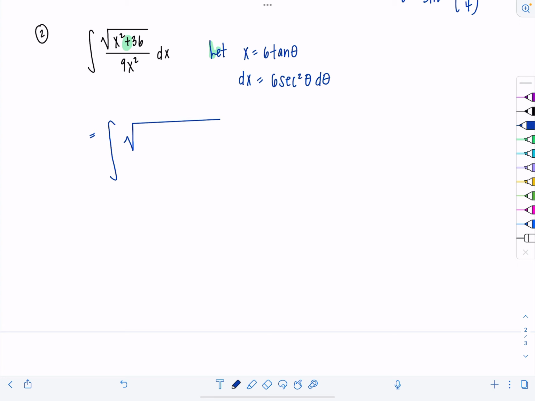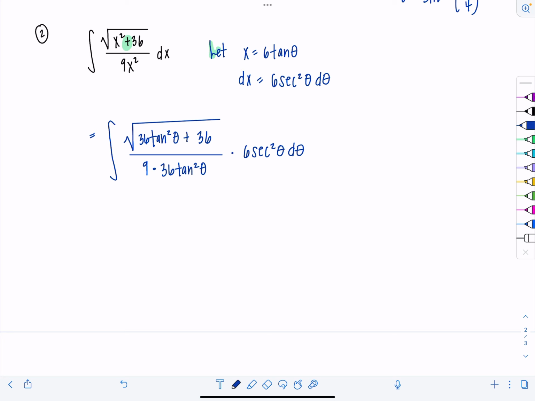In the numerator, we've got x squared plus 36, so that's going to be 36 tan squared theta plus 36, over 9x squared, so that's 9 times 36 tan squared theta, and then dx is 6 secant squared theta d theta.